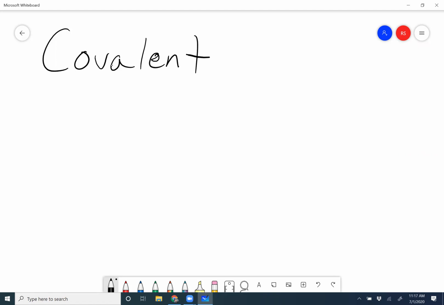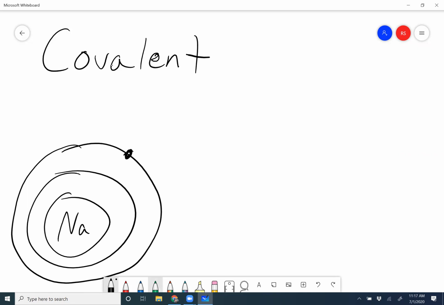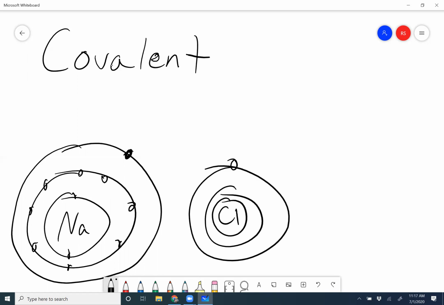So yesterday when we talked about ionic, what was happening, say we were looking at our sodium atom, is we had one extra valence electron, and underneath we had our full 8 valence electrons. So in the case of sodium and chlorine, they would exchange electrons.